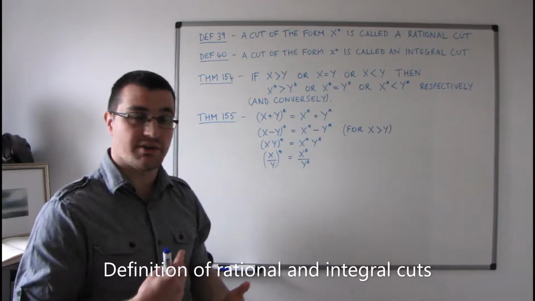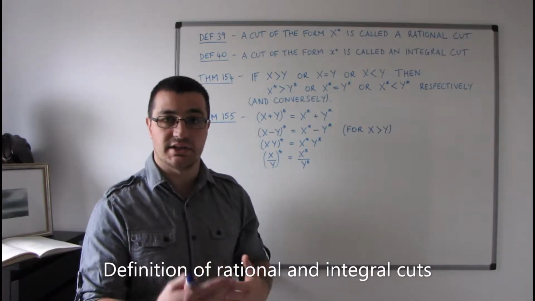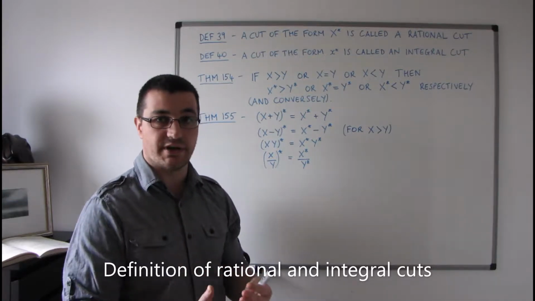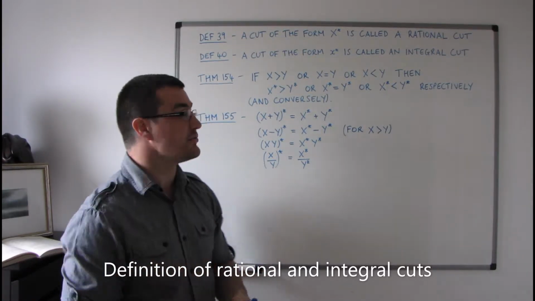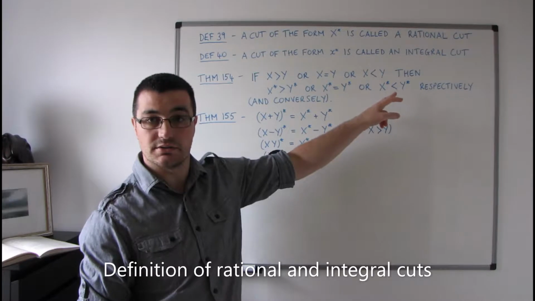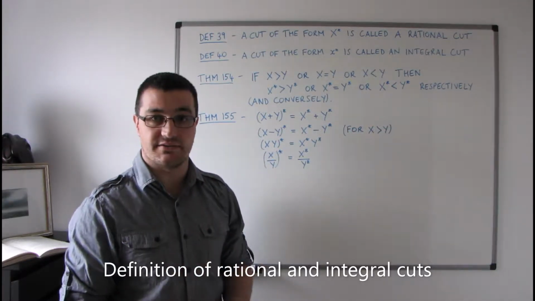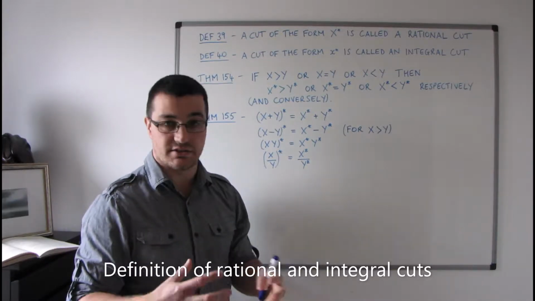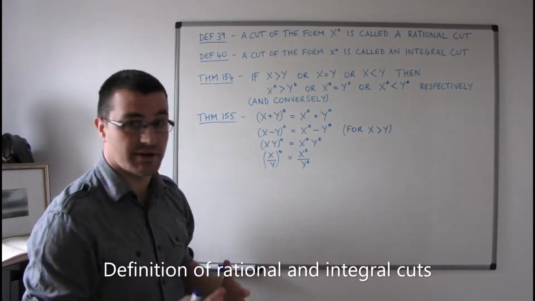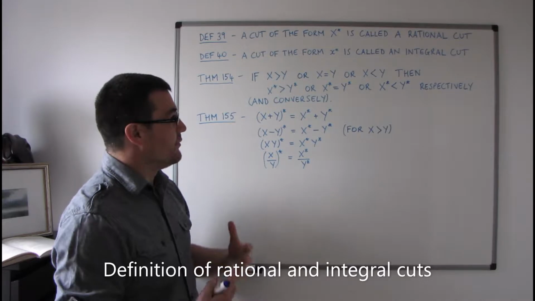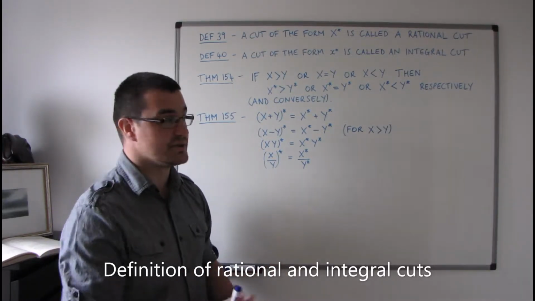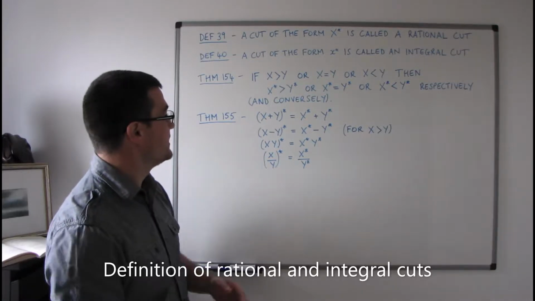Theorem 154 shows that there's a very clear relationship between the ordering of rational numbers and the ordering of rational cuts. And this is going to be quite significant before the end of this video. It's quite a significant bit of information regarding the relationship between rational numbers and rational cuts.